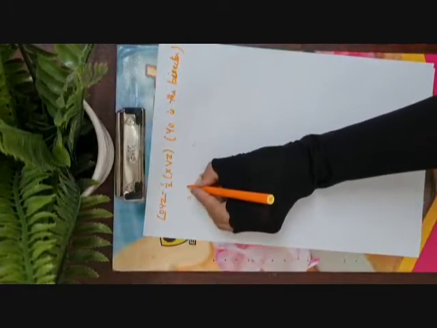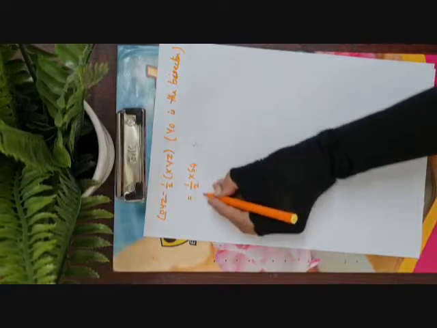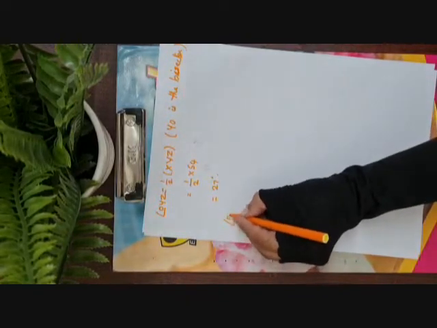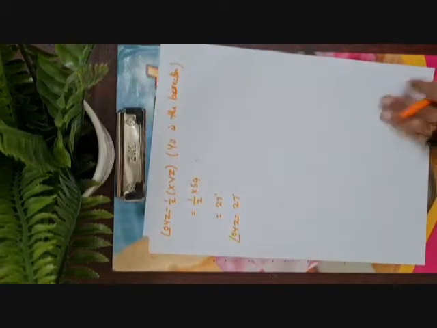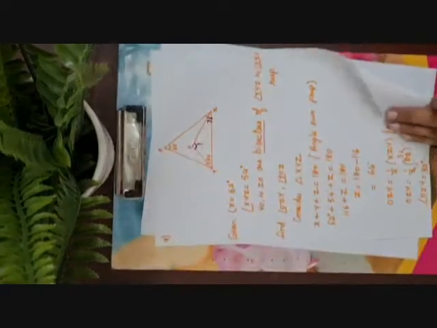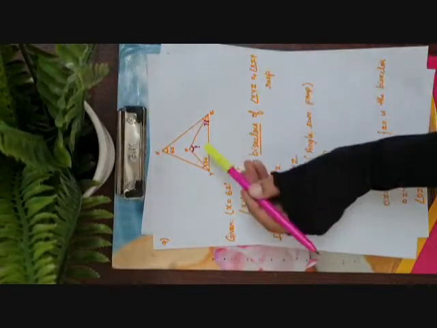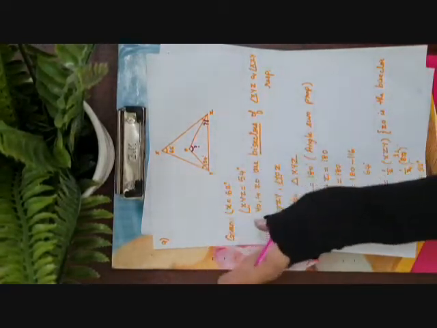Now angle XYZ is given to us as 54 degrees. So half of 54, that is nothing but 27 degrees. So we got the value of angle OYZ is equal to 27 degrees. Now in this complete small triangle, see here children, OYZ, we found this angle as 27 degrees.